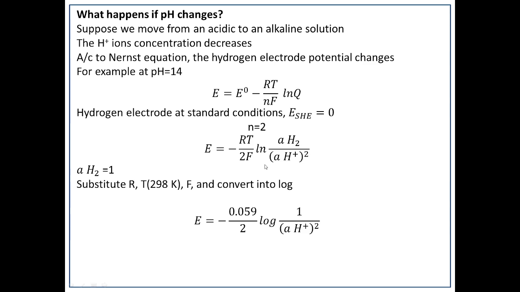We will get E equal to minus 0.059 divided by 2 log of the activity of hydrogen, which is 1 bar. The activity of hydrogen is 1 under the 1 bar condition, so we can replace the activity of hydrogen with 1. So log 1 by the activity of H plus. When we summarize, we will get E is equal to minus 0.059 pH.